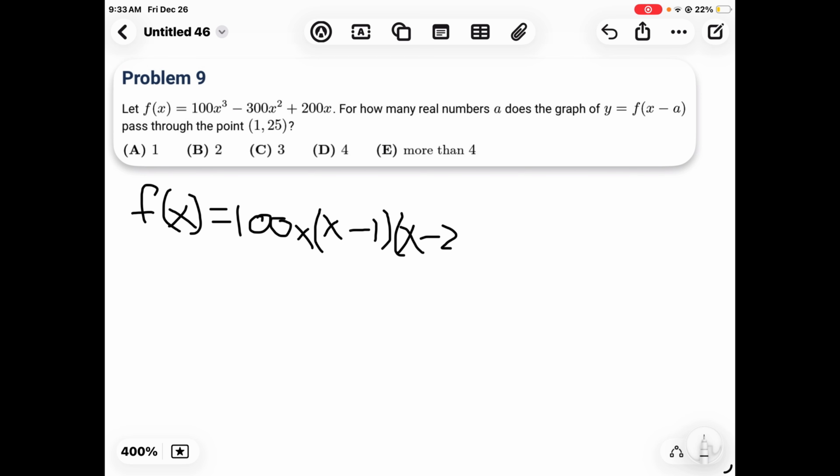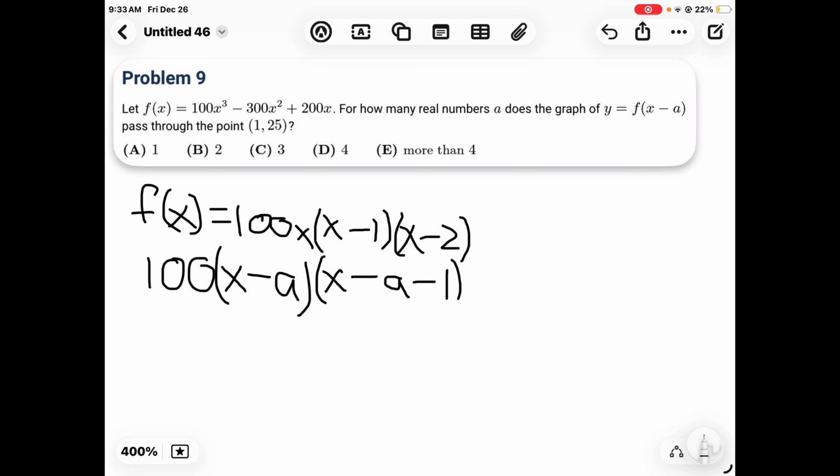So now we have that f of x minus a passes through the point 1, 25. So we have 100 x minus a, x minus a minus 1, x minus a minus 2 is equal to 25, for x is equal to 1.